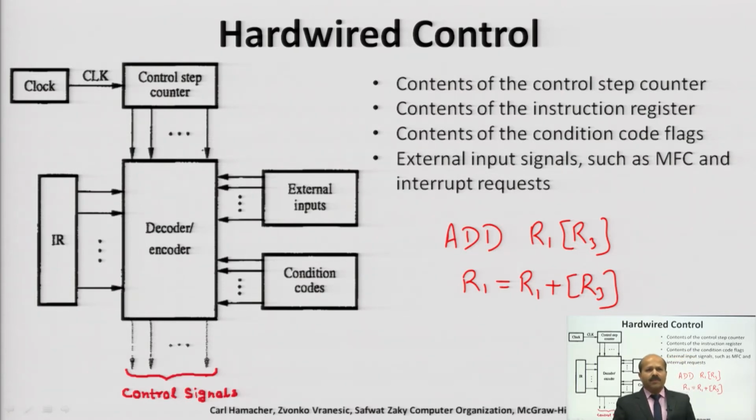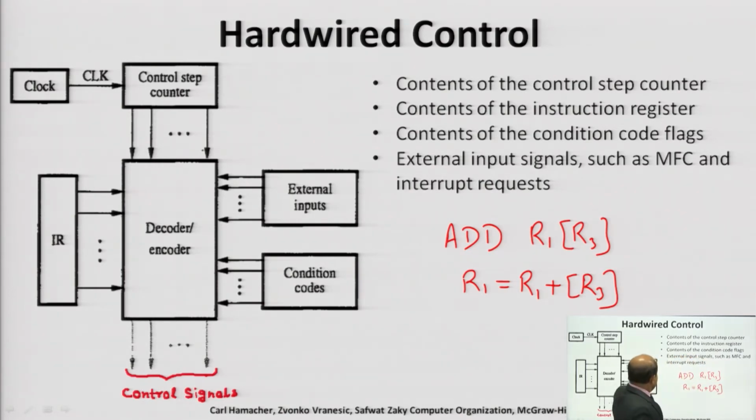The contents of the control step counter are one of the inputs required for the decoder. It counts how many steps are to be issued by the system to execute any given instruction, and keeps a record of the different steps to execute this particular instruction.